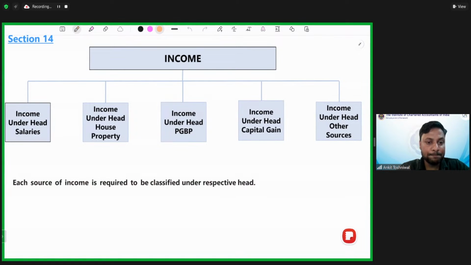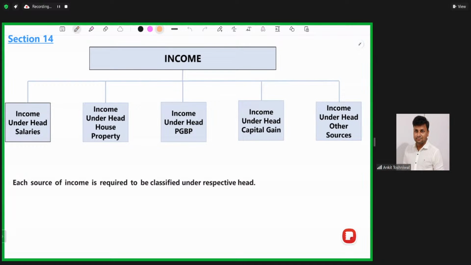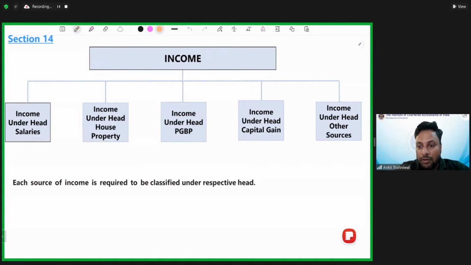Any idea? For easy calculation? Not for easy calculation. For tax rates, okay.